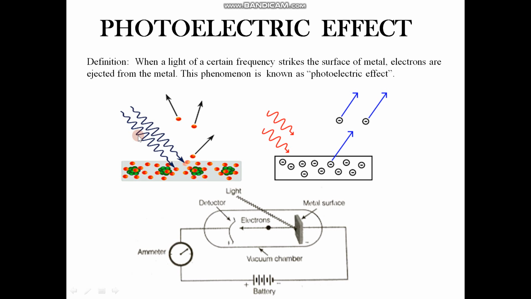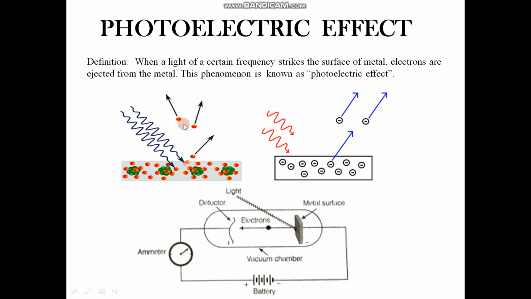So here the difference is that the kinetic energy of the ejected electrons is independent of the incident light intensity, and the number of ejected electrons is dependent on it. So this is the difference.